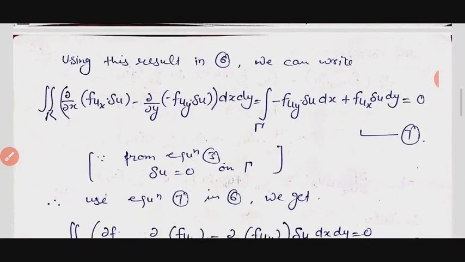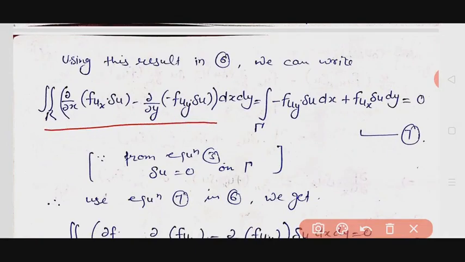So that thing we will use in this way. You can check that the double integral of this one, we have rewritten it taking minus and minus, it will be, this is your P, this term is P, so P into dx plus this term is your Q, Q into dy. Okay, so sorry, that was a mistake. So you say that okay, that will be equal to this thing. Now we will use this value over there.